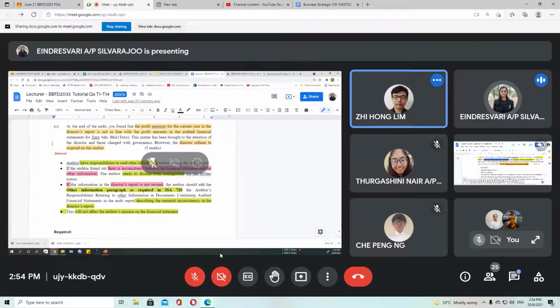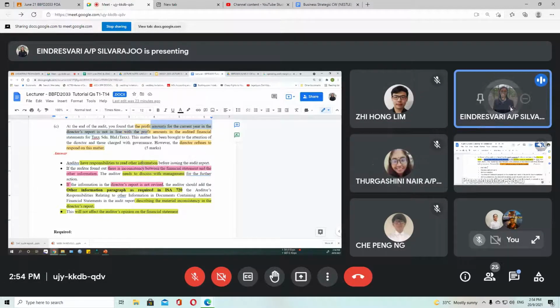The profit figure is not the same in the audited FS and the director's report. The director actually refused to respond to this matter. That means the director's report figure is wrongly stated, because the auditor already audited the accounts. We have the responsibility to read other information. The director's report is considered other information.